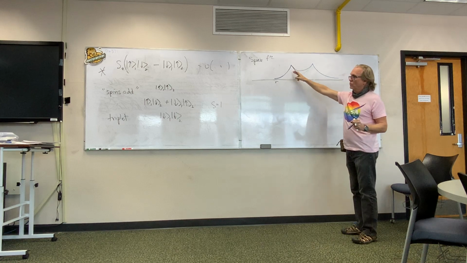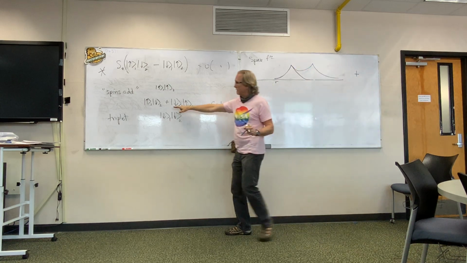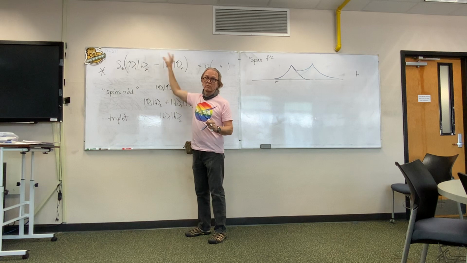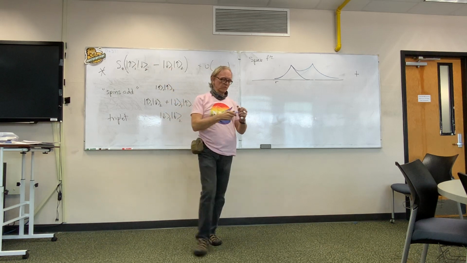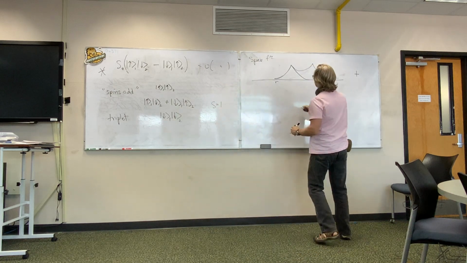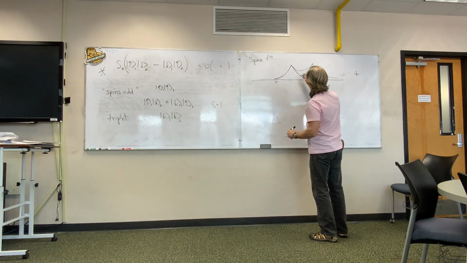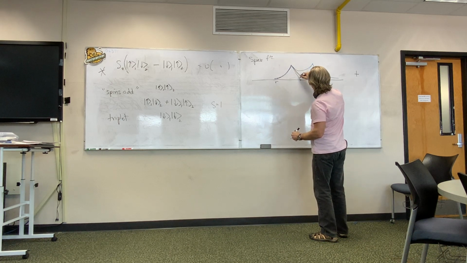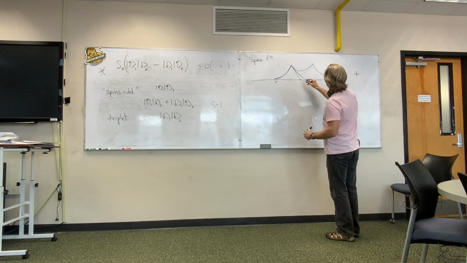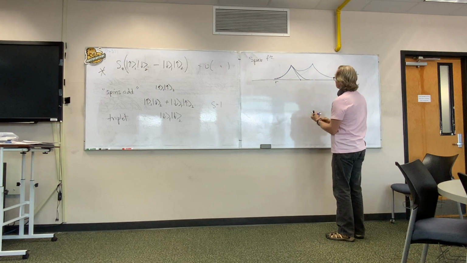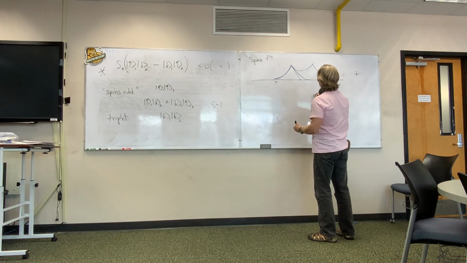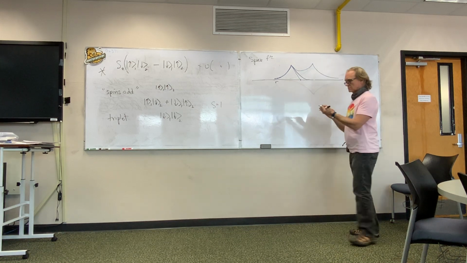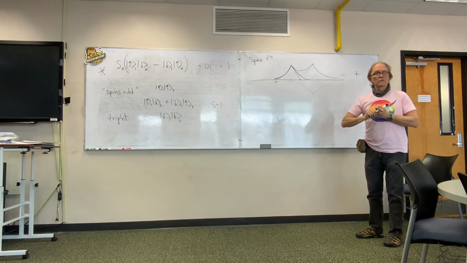I can also do electron 1 minus electron 2, just like I added and subtracted my spin wave functions. So when I do that, it looks a lot alike until I get here. I'm adding minus green electron.